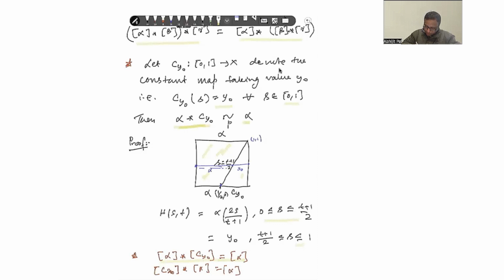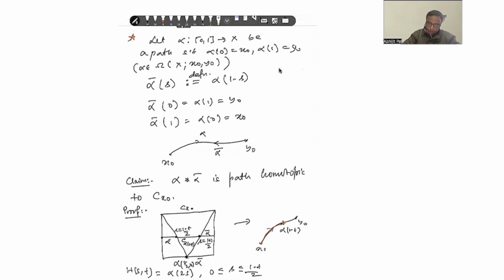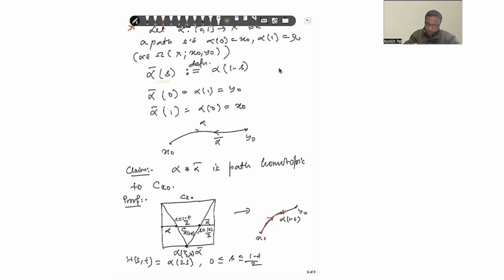Similarly, if I take the constant map c_x0, the equivalence class of c_x0 star the equivalence class of alpha is equal to the equivalence class of alpha. And now, if I take any path alpha, I can define this alpha bar, which will give you the inverse of this alpha in the fundamental group. So alpha bar(s) is just defined to be alpha(1 minus s).